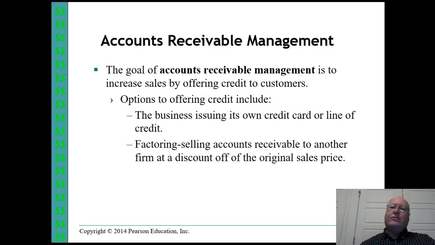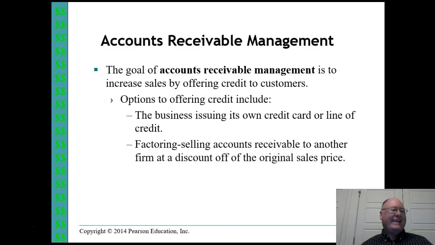The goal of accounts receivable management is to increase your sales by offering credit to customers. And options to offering credit may include your own credit line or line of credit. There's also something out there called factoring of accounts receivable, where you in essence are selling your receivables to another firm at a discount price of the original sales price.